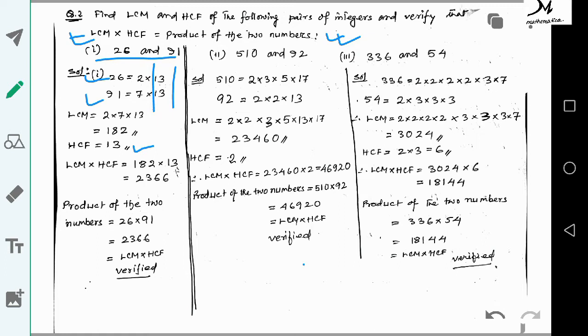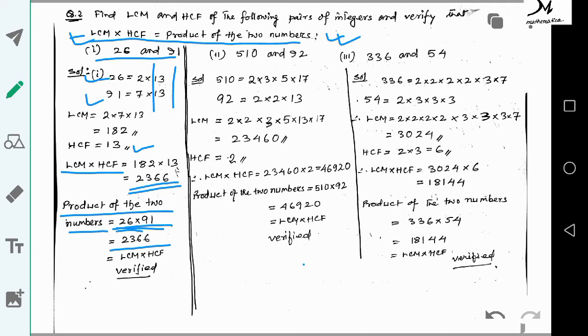So in order to verify this relationship, let us multiply LCM into HCF, that is equal to 2366. And the product of the two numbers, what are the two numbers? 26 into 91, so their product is 2366. So it is equal to the product of the LCM and HCF.